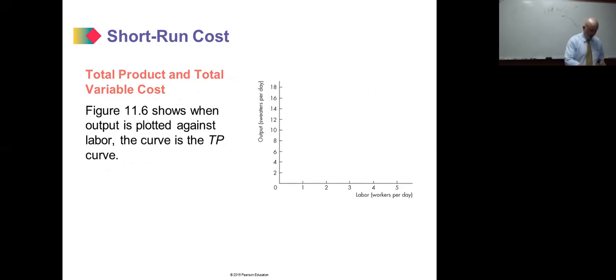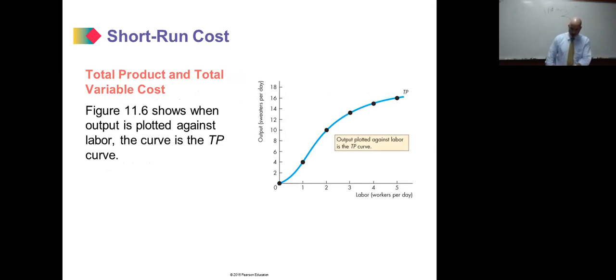In figure 11.6, if we plot output against labor, we get a total product curve. And again, we start to see in the beginning, we're steeper, but eventually we start to level out.